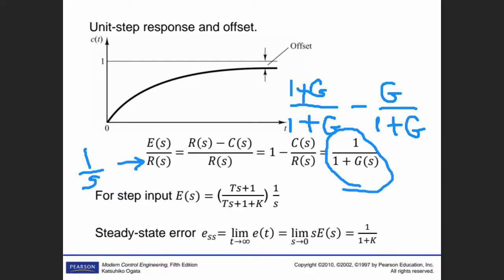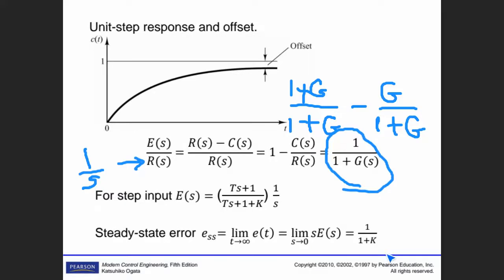You already know that the steady state error, which is called ESS, which is a time function by the way, is equal to the limit as time goes to infinity, and according to Laplace theorems, you multiply that function with S, and S goes to 0. Then we obtain that the error is 1 over 1 plus K. This is the error.